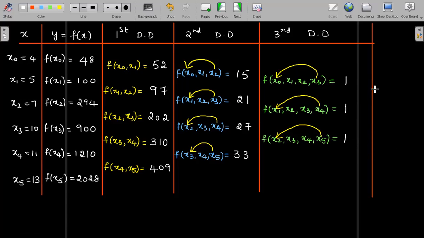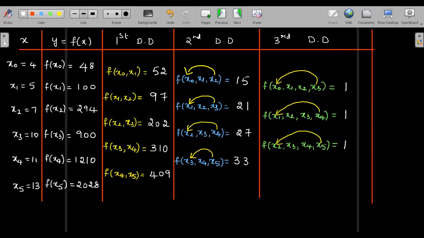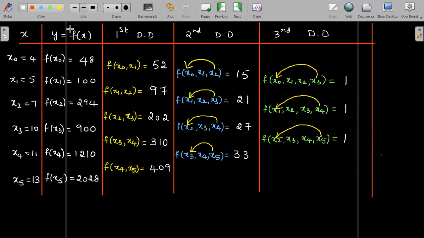So we observe that the values in the last column are the same. That is why we are not proceeding with the fourth divided difference. If we proceed also, 1 minus 1 will be equal to 0. So it is of no use if we perform the differences. That is the reason we don't perform it.